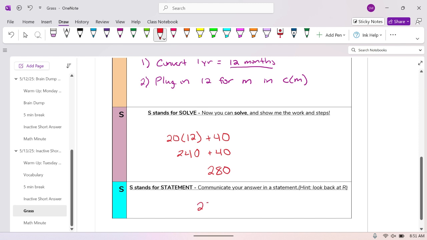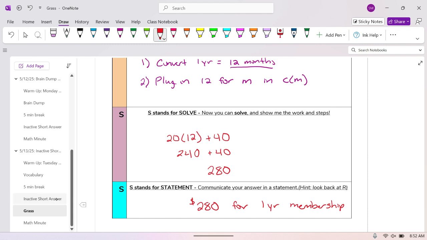So $280 for a 1 year membership. And that's exactly what they want. Whenever you go about solving a word problem, this should be what you're thinking to yourself: what can we do to find this?